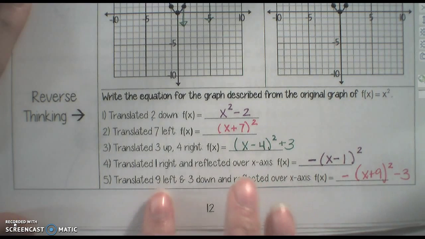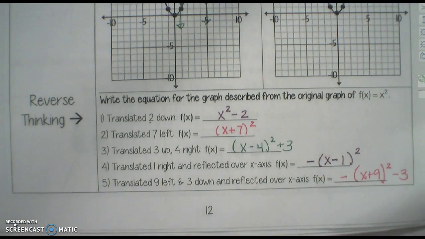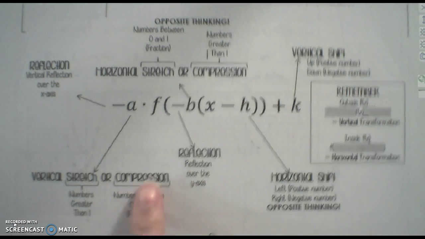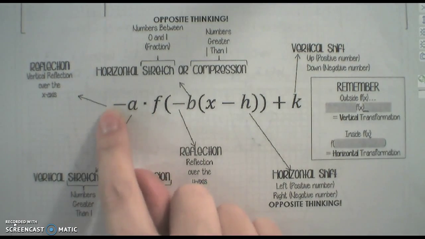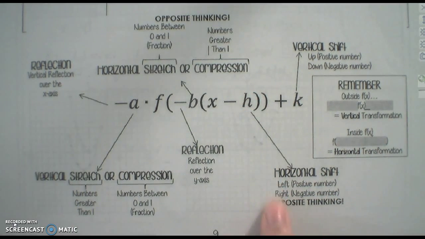So a reminder, if you struggle with this section, this is where that front page comes in really handy to tell you where things are supposed to go. So you can always refer back to page 9 at the bottom where it tells you if there's a negative on the outside, that's where it's vertically reflected. If there's the h on the inside, that's left and right.